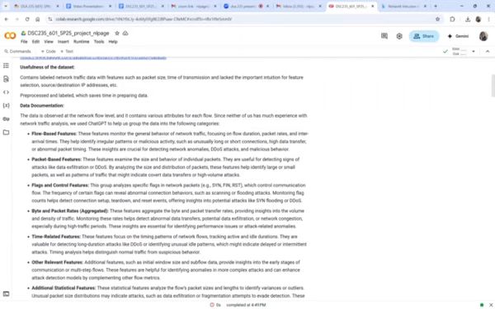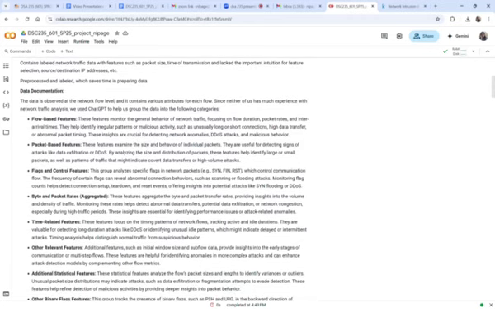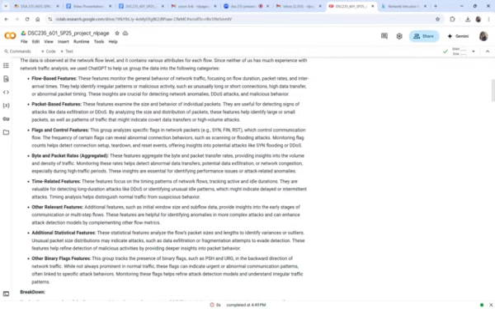Since we're not experts in cybersecurity, we used ChatGPT to help us group the features into meaningful categories like flow-based features, packet-based features, control flags, and timing features. So this just kind of helped us get a better grasp of our features.